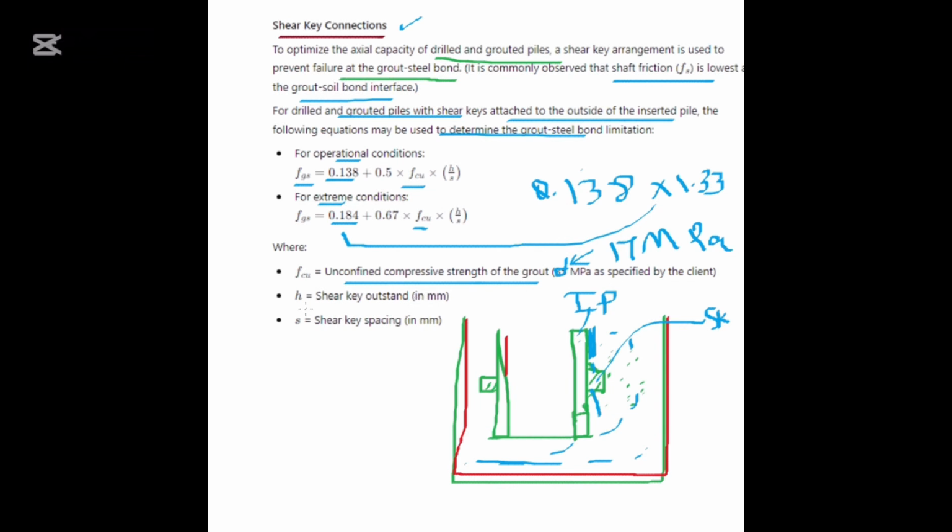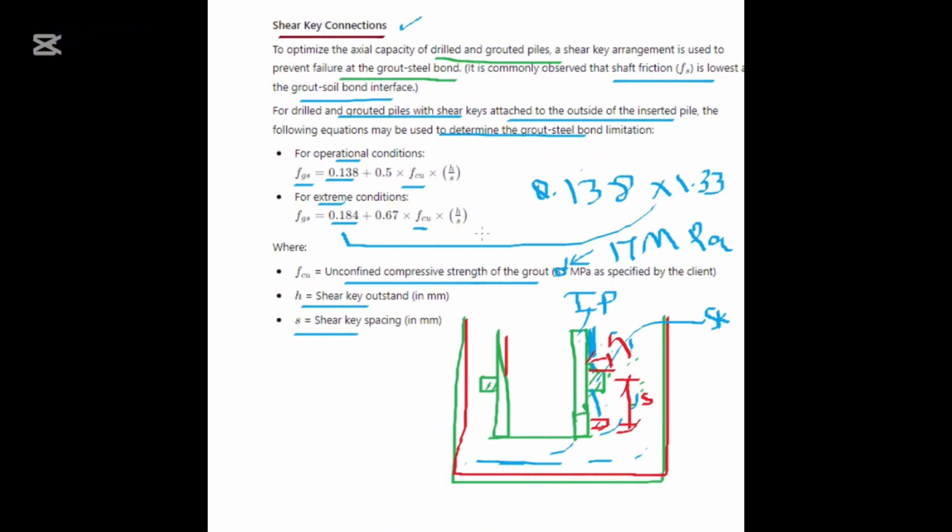And H is the shear key outstand, S is the shear key spacing. That's nothing but, see here, this outstand is the H, and suppose another shear key is here. The distance between these two shear keys is S, the spacing of shear keys in mm.